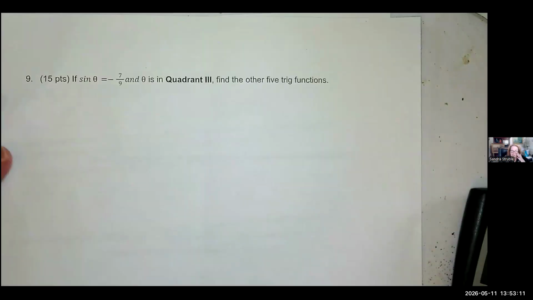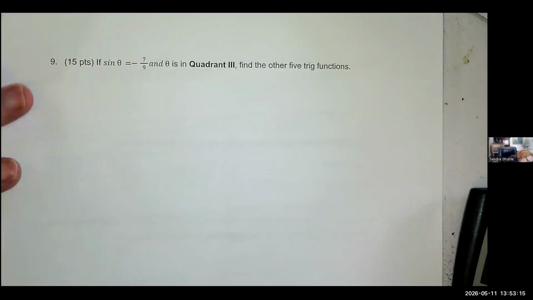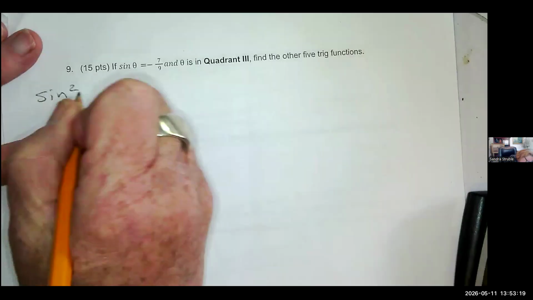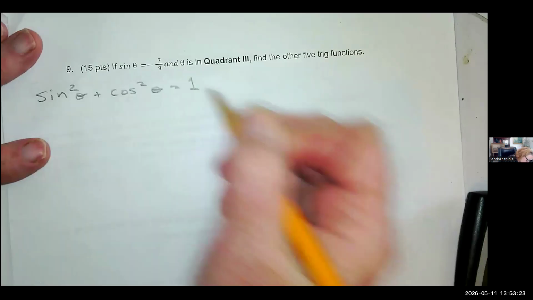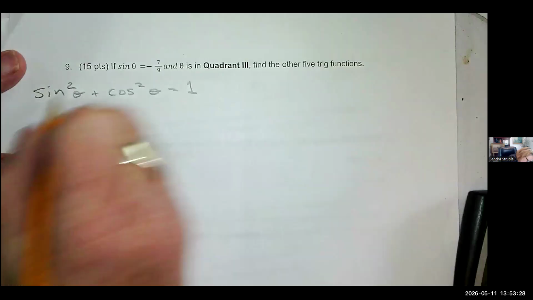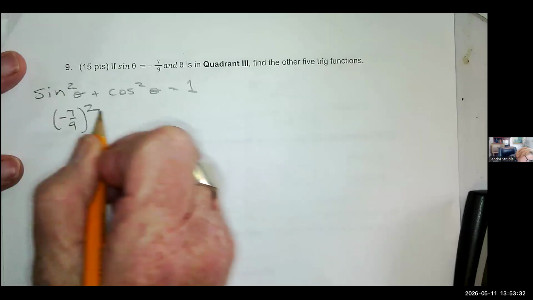If sine of theta is negative 7/9 and theta is in quadrant 3, find the other 5 trig functions. All right, so sine squared theta plus cosine squared theta is equal to 1, that's our Pythagorean theorem. You can use negative 7/9 for sine, and we're going to solve for cosine.